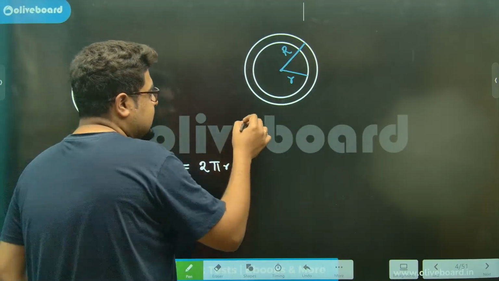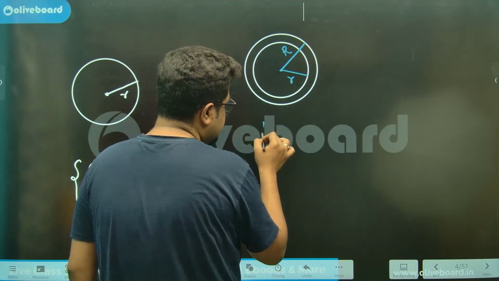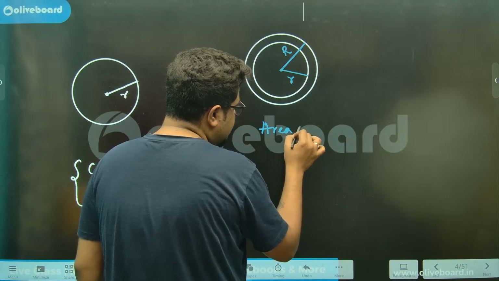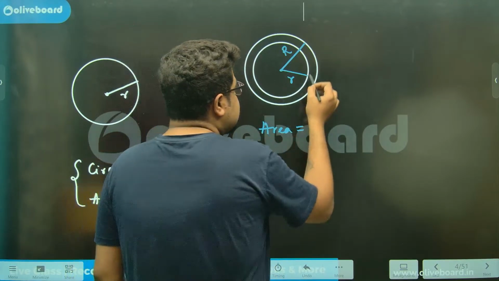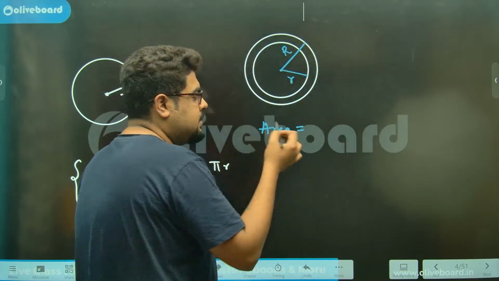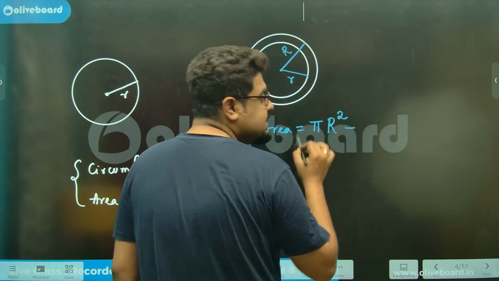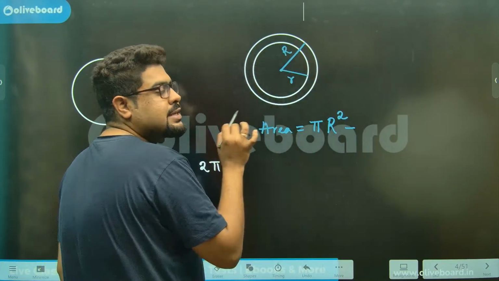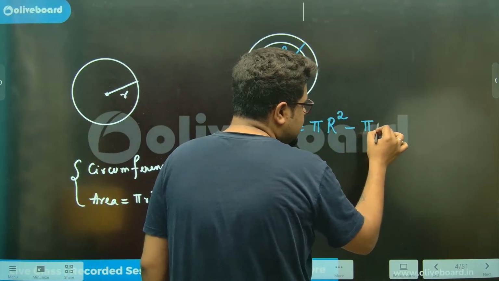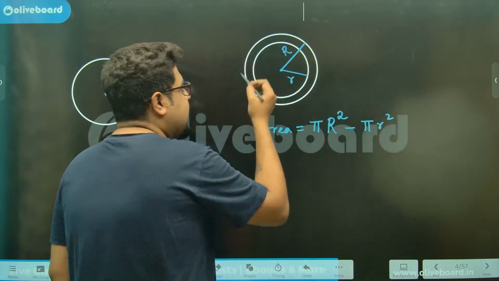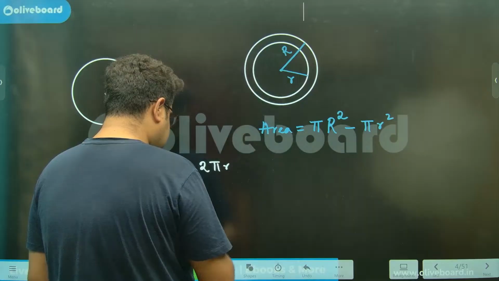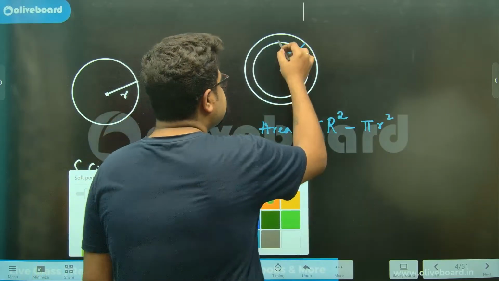So the area of this annular ring will be the area of the bigger circle, which is pi capital R square, minus the area of the small circle, pi small r square. Because the area of the ring means this particular area.